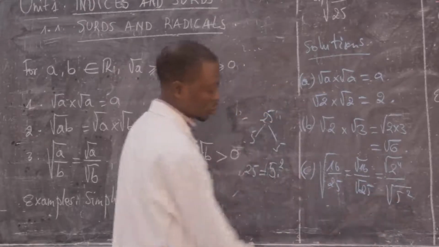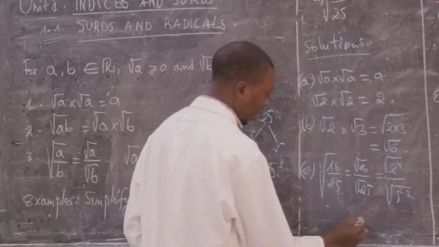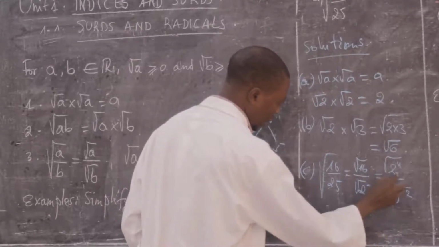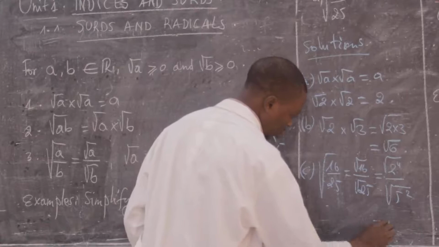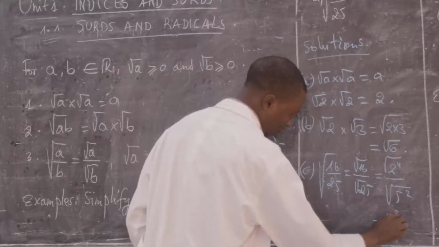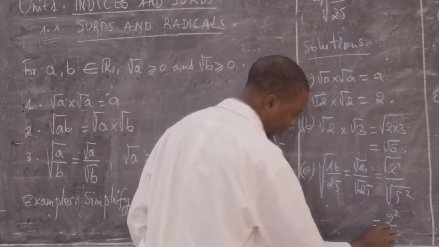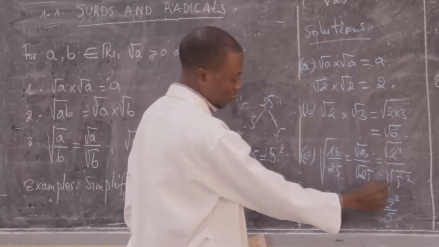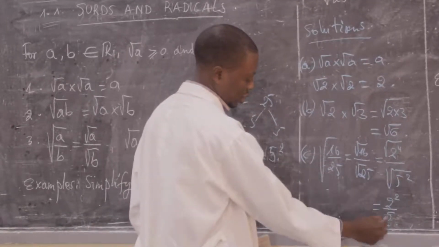Now this was to show you that this is a perfect square number. Square root of 5 power 2 is 5.